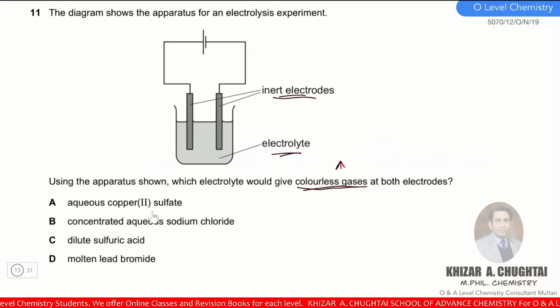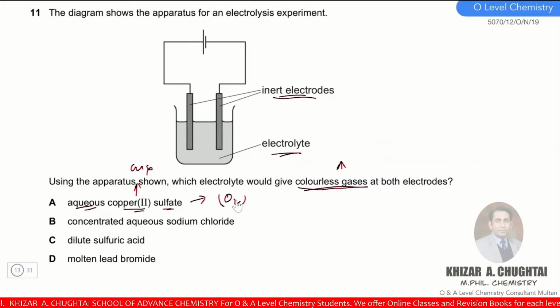In the first, if we electrolyze copper(II) sulfate, an aqueous one, we will get copper, not a gas, a solid. And because of sulfate, we will get oxygen gas, because sulfate is less reactive than the OH negative ion from water. So oxygen is formed. The first one is the incorrect option because copper is going to form.